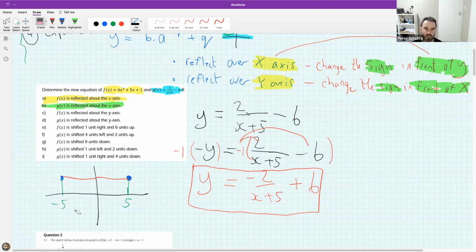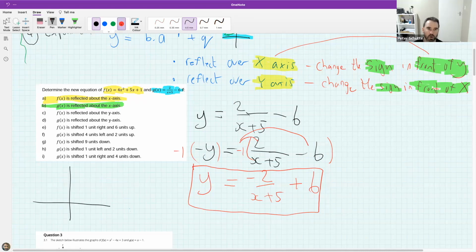An example, let me just show you what's happening. Like if we looked at f, the very first graph f that we drew, it was that one. So let's say it looked something like that. So this is from, I'm going back to A now. The reflection over the x-axis would most likely look something like that, okay? Because it's reflecting over this line over here.